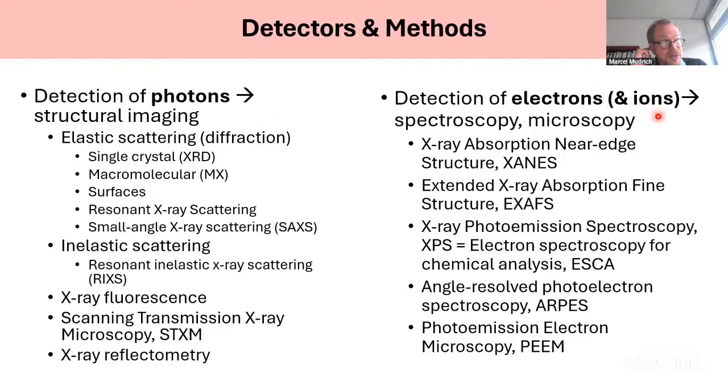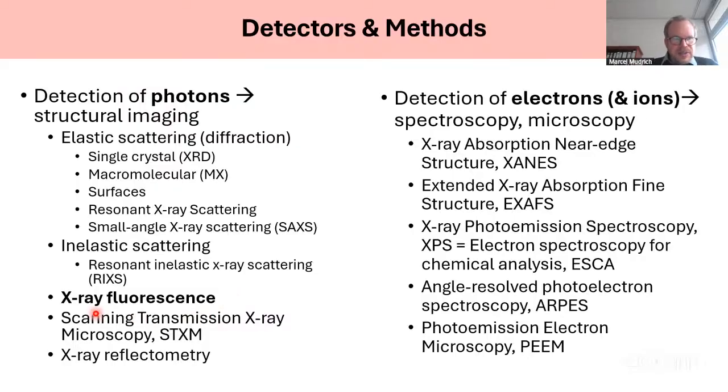And in previous presentations by students, we have seen that detecting electrons and ions in coincidence using this COLTRIMS or reaction microscope setup is a very powerful technique where we could then extract the structure of molecules by Coulomb explosion imaging. But today we will focus on photon detection, and I think I showed this already.